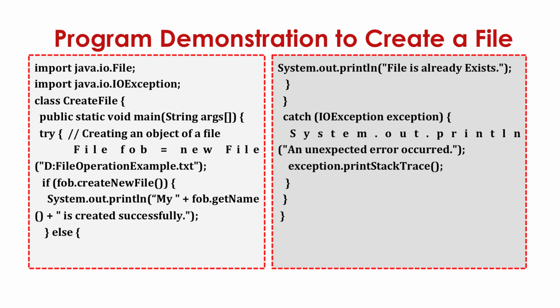We want to maintain the flow of the program, so that's why we have used the try block. Inside this try block we create an instance of a class named File, with the directory path and name of the file.